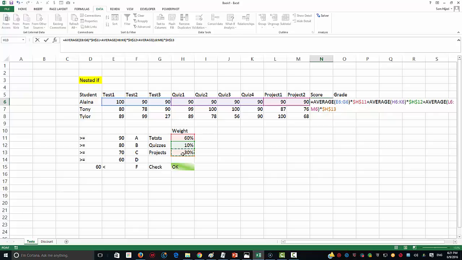That is going to give me a score between 0 and 100, no question about it, because I did validate my data entry.